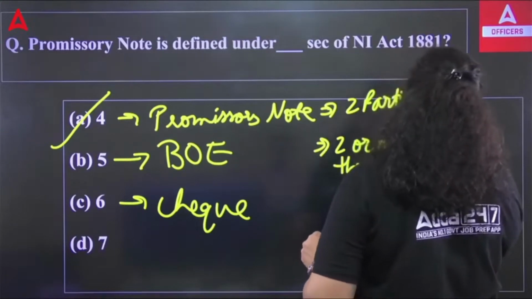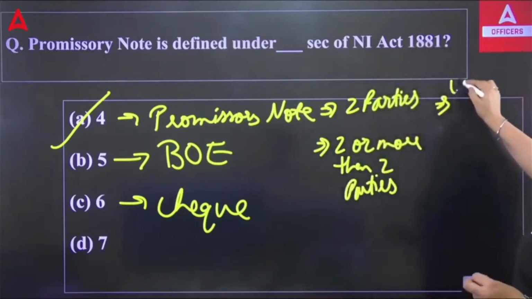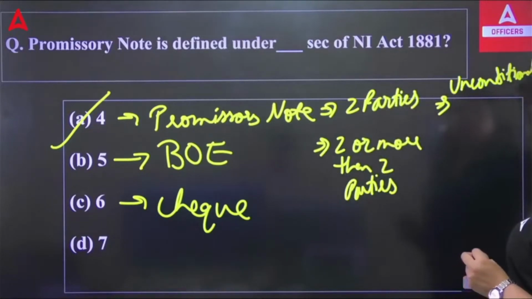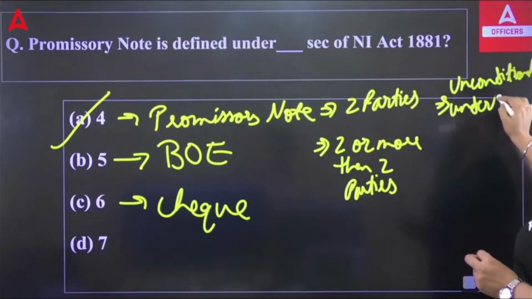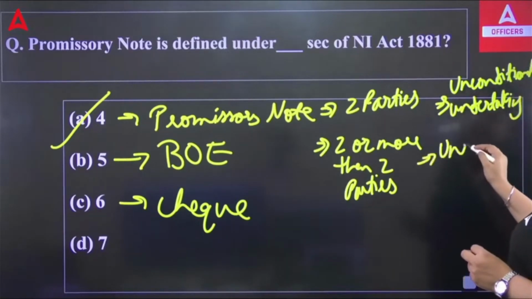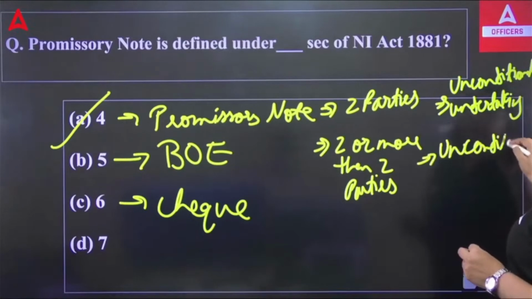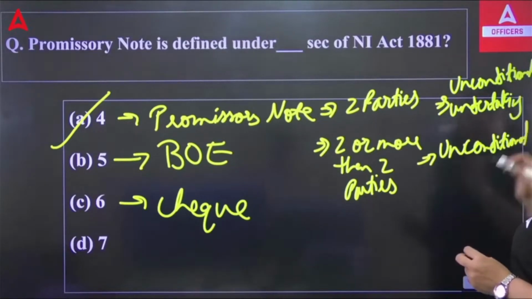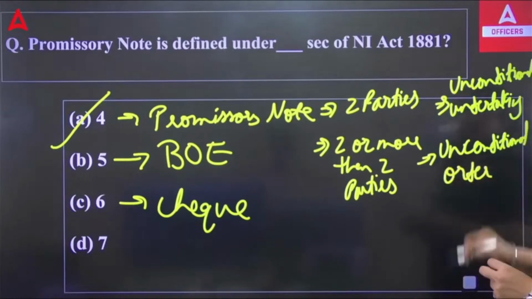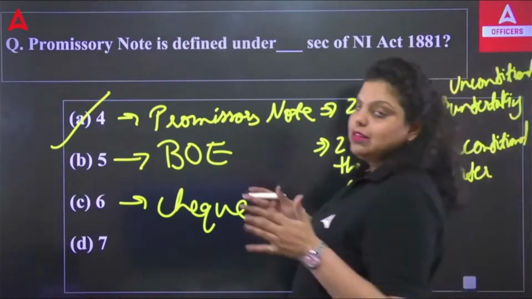The next difference is that in the promissory note, there is an unconditional undertaking. Unconditional undertaking. And in case of bill of exchange, it will be an unconditional order. Now, what is the difference between these? The promissory note is a negotiable instrument.